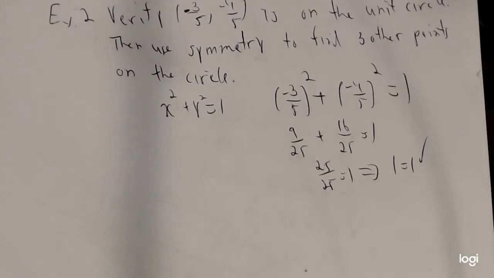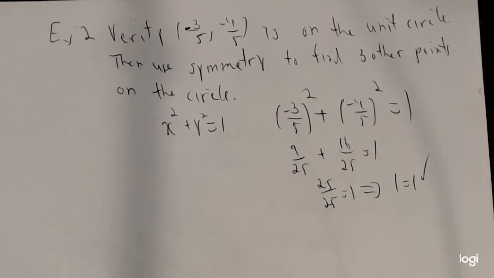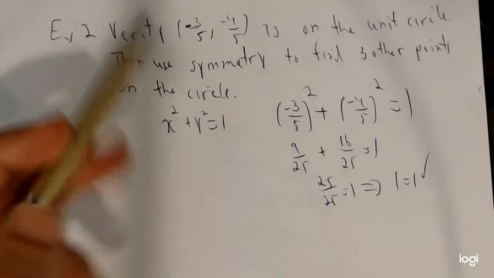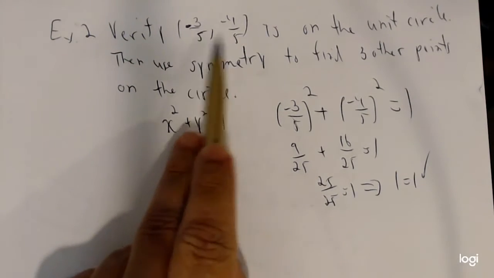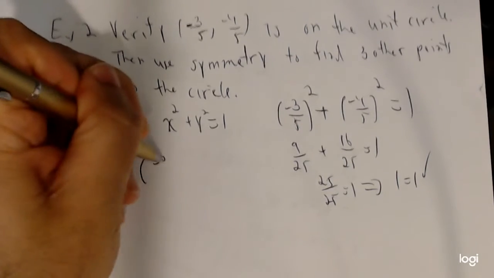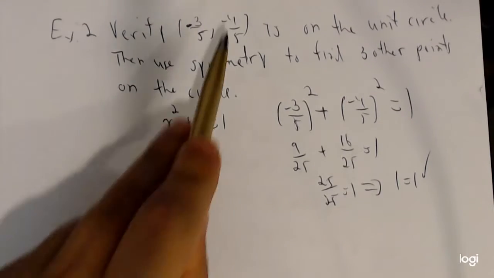Now we're told to find 3 other points that are on the circle, which remember we just talked about symmetry. It's symmetric with respect to the x-axis, y-axis, and the origin. So if you think about it, if we go off of the x-axis, if negative 3/5, negative 4/5 is on the circle, what else is on the circle? Negative 3/5, comma 4/5, right? Because those are opposites.